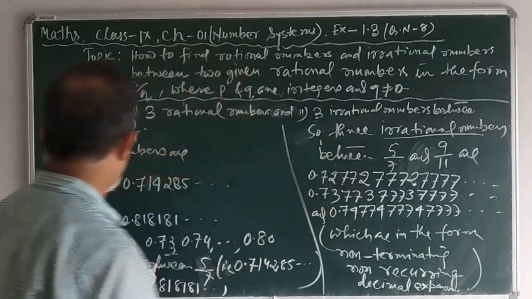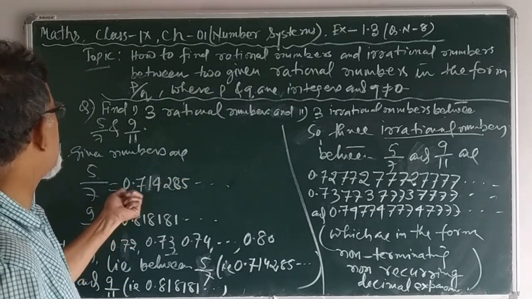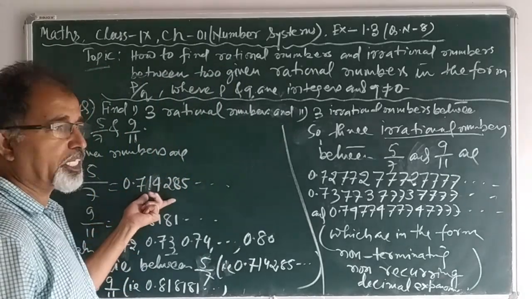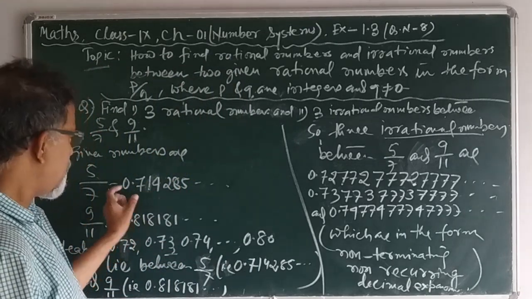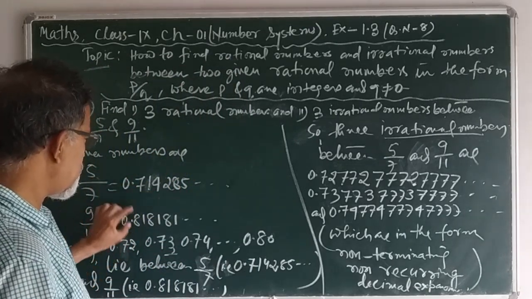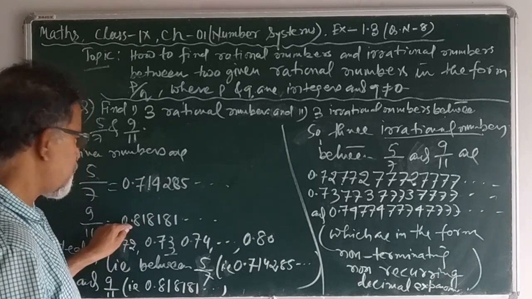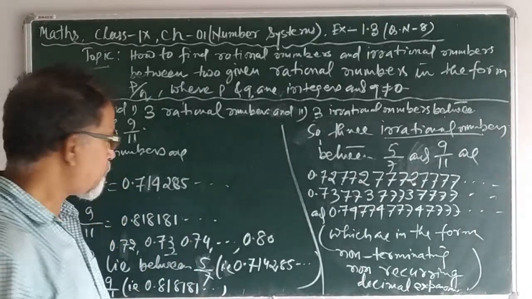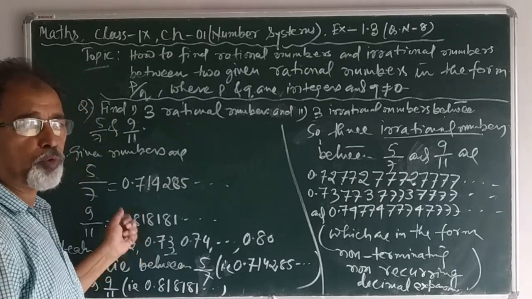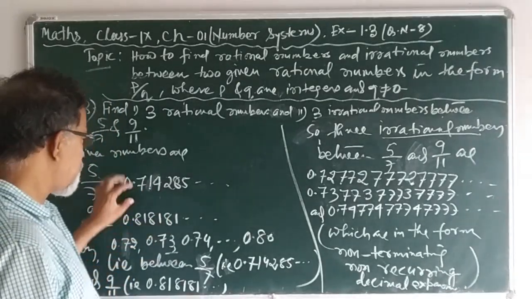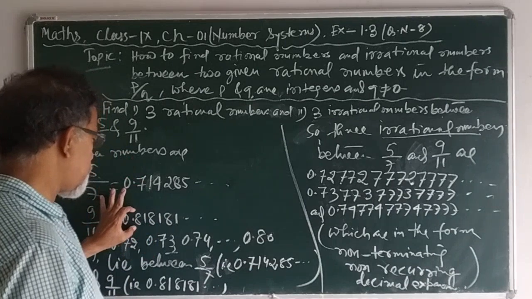First of all, we will express the rational numbers in decimal expansion. Thereafter, we will start to compare from the left side: 0, 0, then 7 and 8, that is 0.7 and 0.8. We do not have any number between 0.7 and 0.8 up to 1 decimal place. Thereafter 0.71 and 0.81.